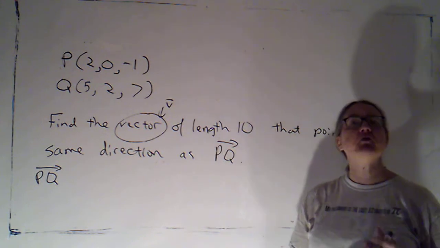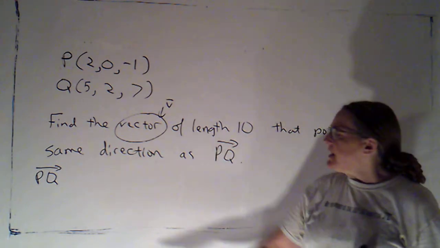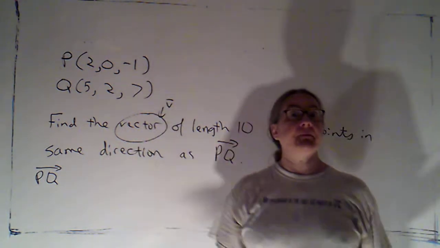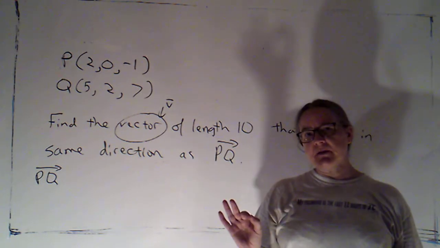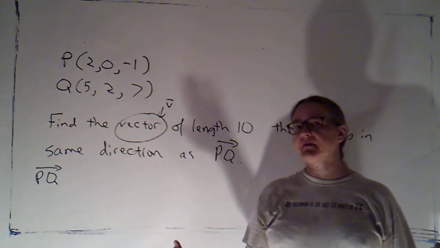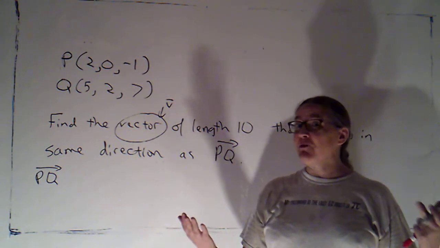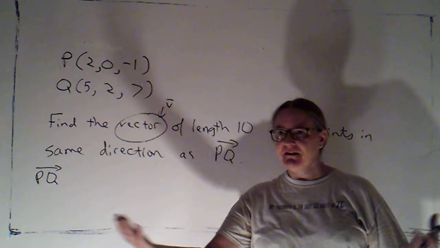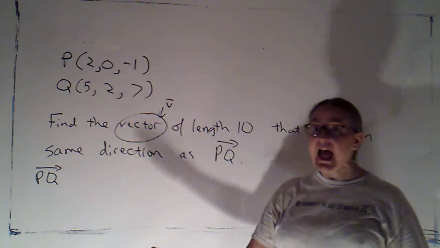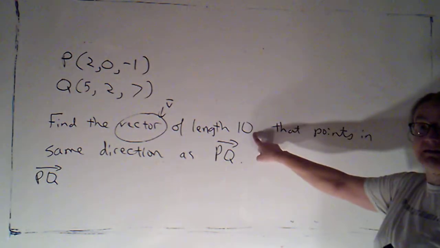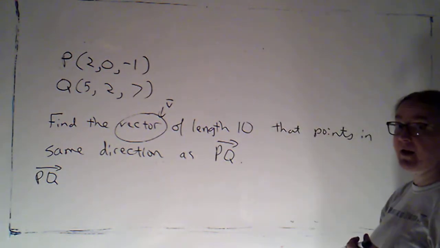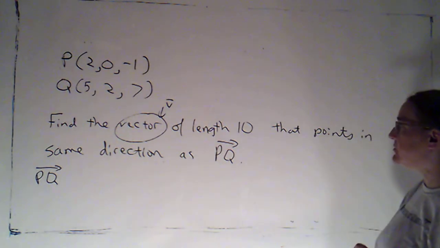So I'm going to need to adjust the length. Now sometimes people say, well, let's just multiply it by 10. But if I multiply it by 10, I've made it 10 times longer than it is. If it was length 5, I've made its length 50. I haven't ended up with something whose length is 10 if it wasn't already a unit vector.